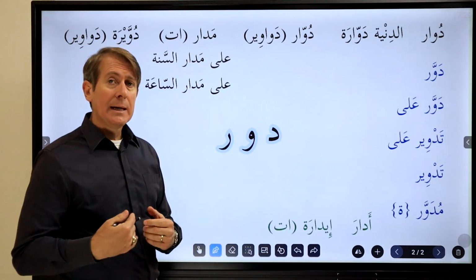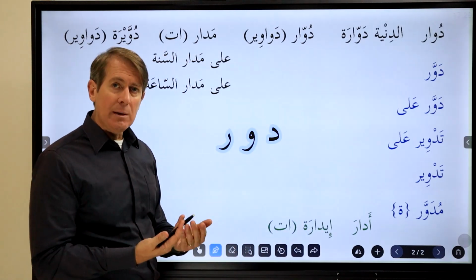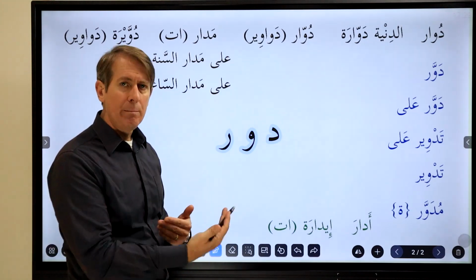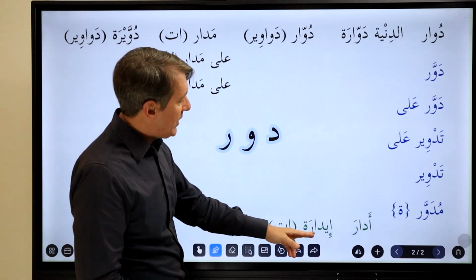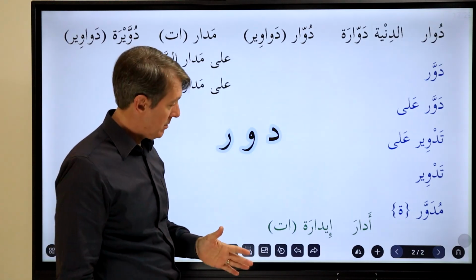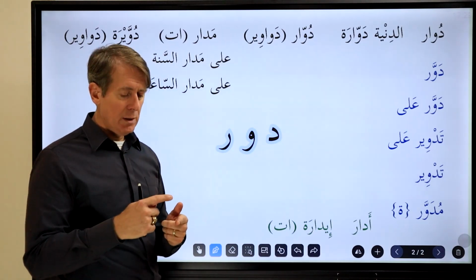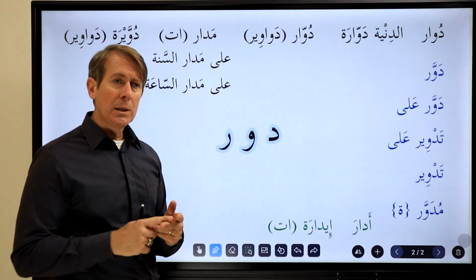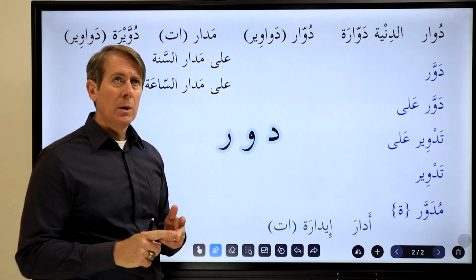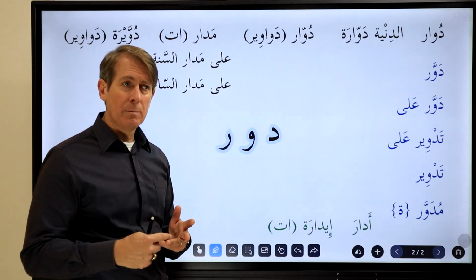Idara means administration. So adara means he managed, or he administered. Mostly he managed, actually. But idara means administration or management. Al-idara includes the owner of the company, the managers under him, basically anybody who's managing or has a role in the management of the company.